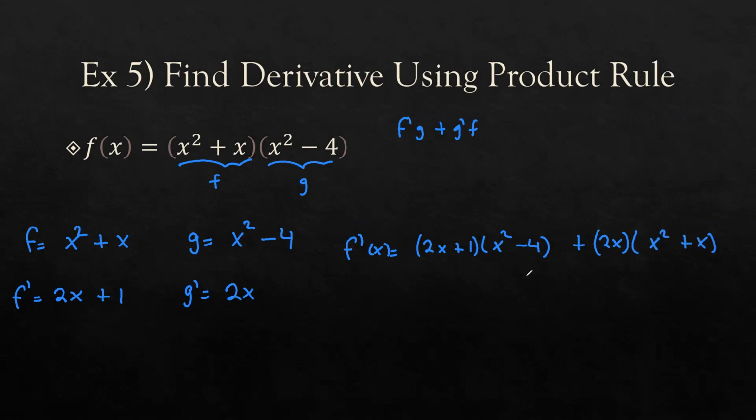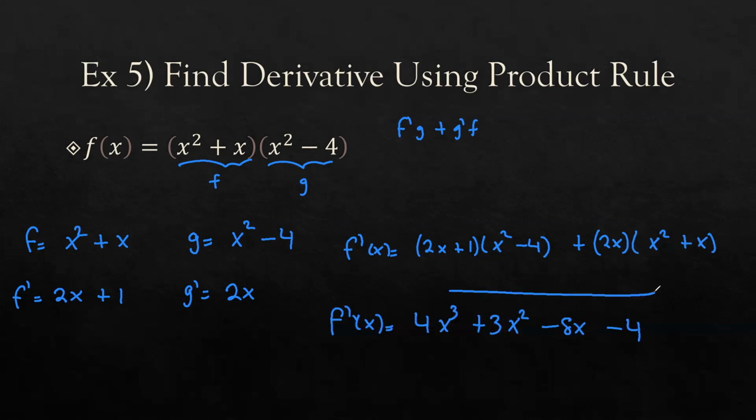Okay, so you can leave it like this, I would accept this, but if you want to simplify it by foiling and collecting like terms, your final answer would be f prime of x equals 4x cubed plus 3x squared minus 8x minus 4. And that's it.